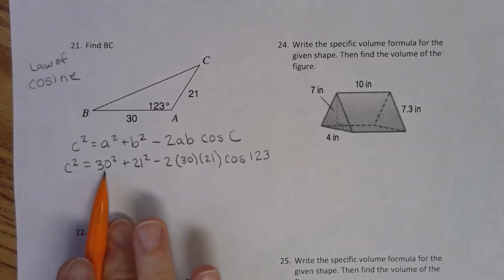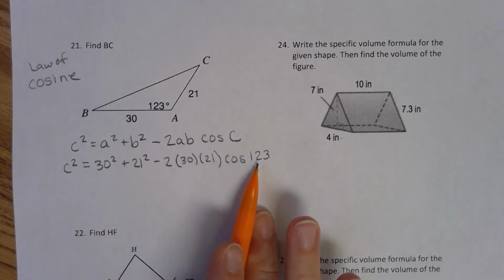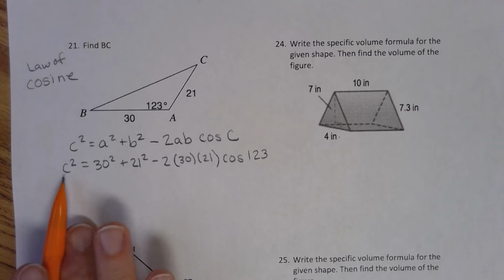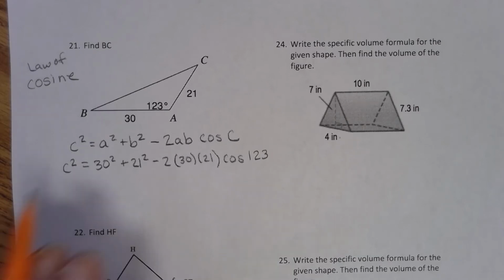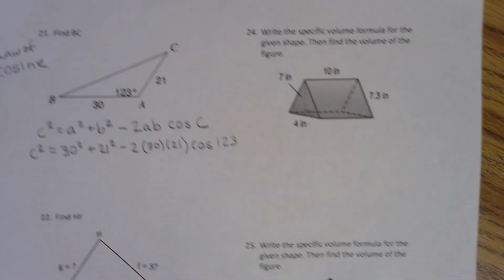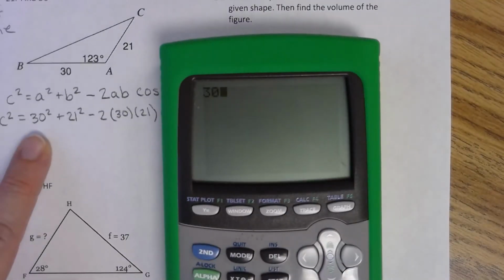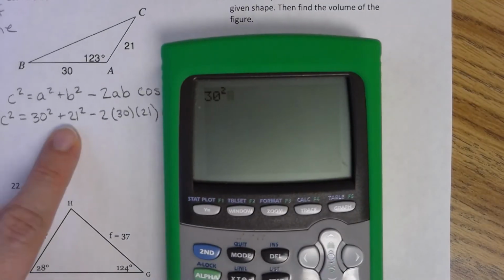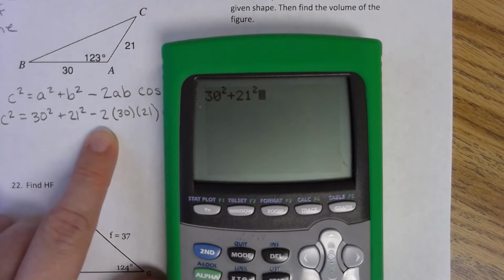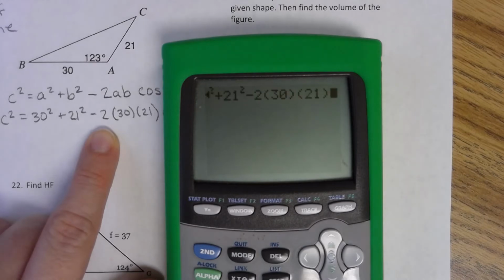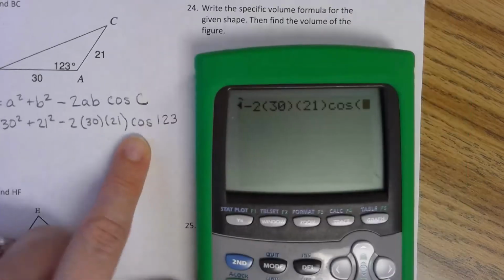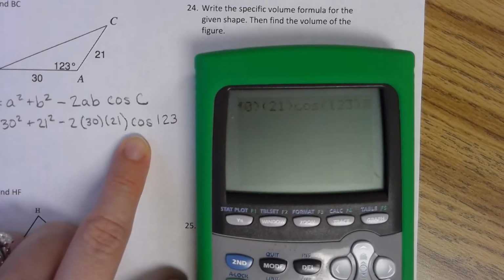Once we type all this in our calculator, we have to be careful that we need to find c, not c squared. So we'll end up taking the square root. Let's do that now. So 30 squared plus 21 squared minus 2 times 30 times 21. And then we want cosine of 123.